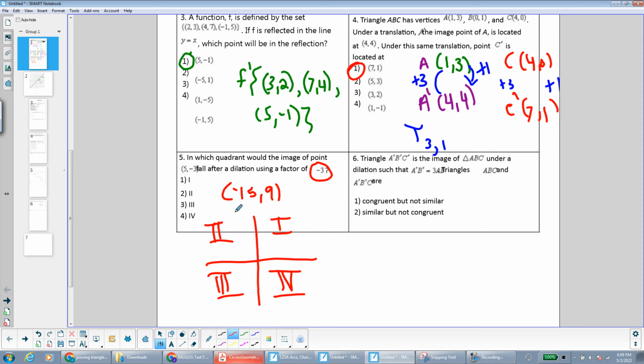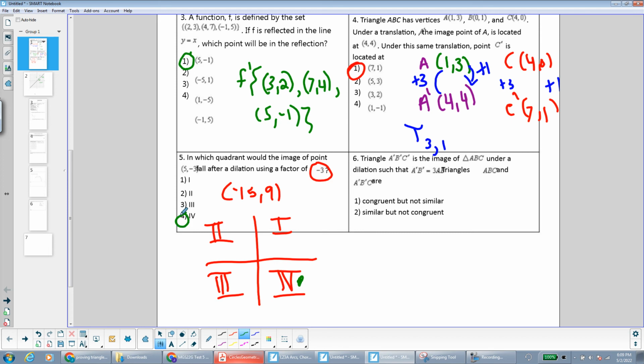The quadrants go in a counterclockwise order. So 1, 2, 3, 4. So the point 5, -3 would be 5 over here, -3 would be somewhere down here. That would be in quadrant number 4.